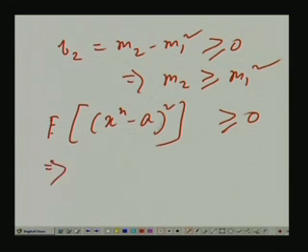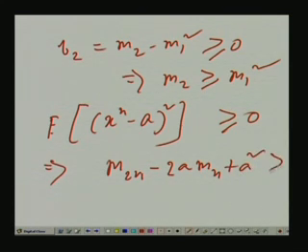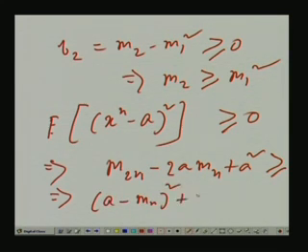This leads to, if you expand it, x to the power twice n expected value of that, which gives you m 2 n, minus twice a x to the power n expected value of that, which gives you twice a m n plus a square. This is greater than equal to 0 for any a, that is important, which means a minus m n, whole square plus m 2 n minus m n square greater than equal to 0.